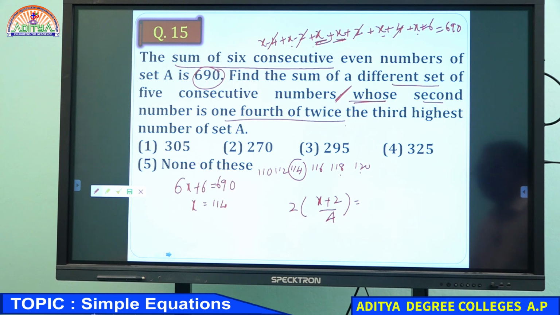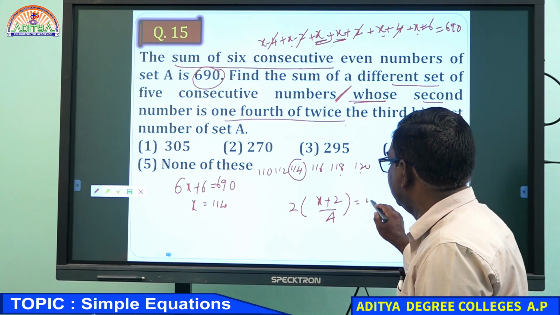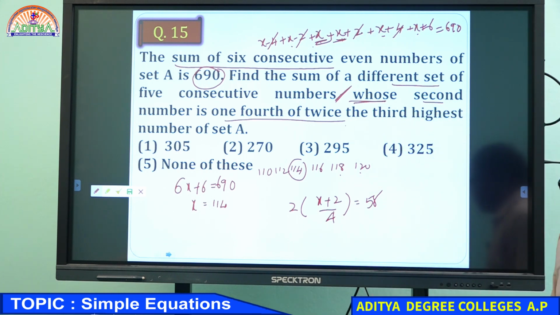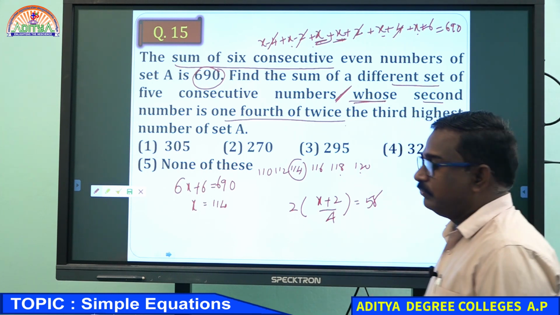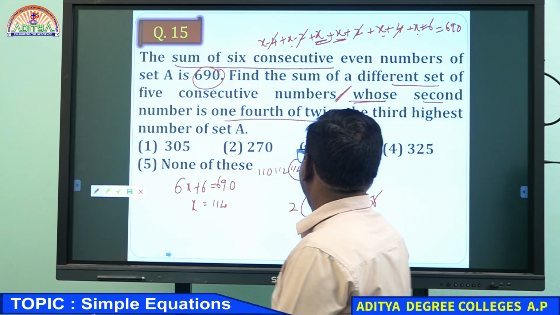Set of whose second number is 1/4. Second number is given as 58. So by solving it, you will get 58, 59, 60, 61. 5 numbers you will get. Consecutive numbers. You need to do it, right?